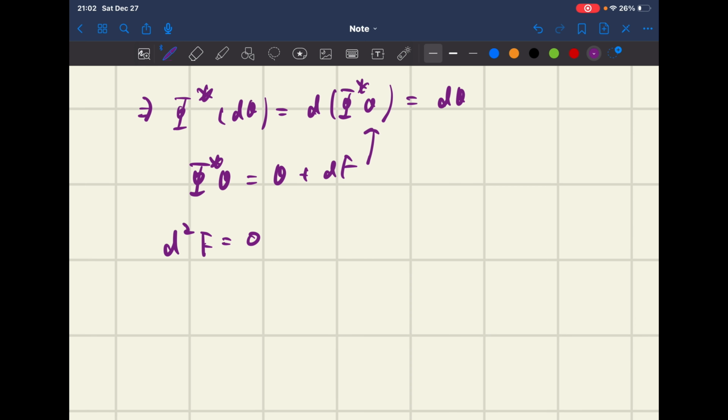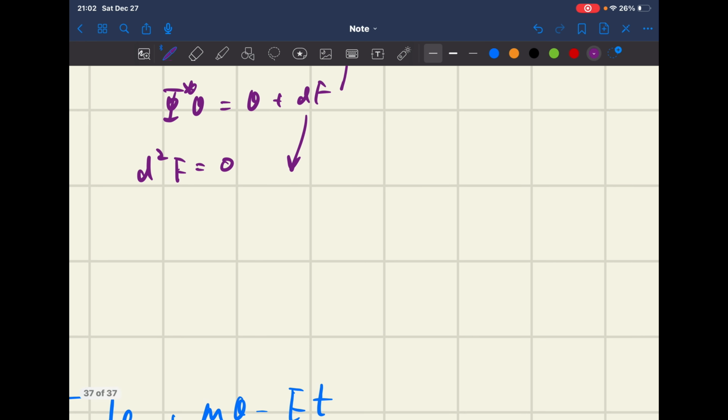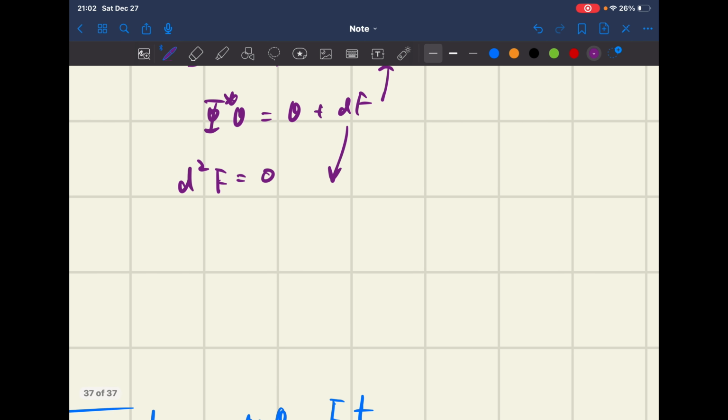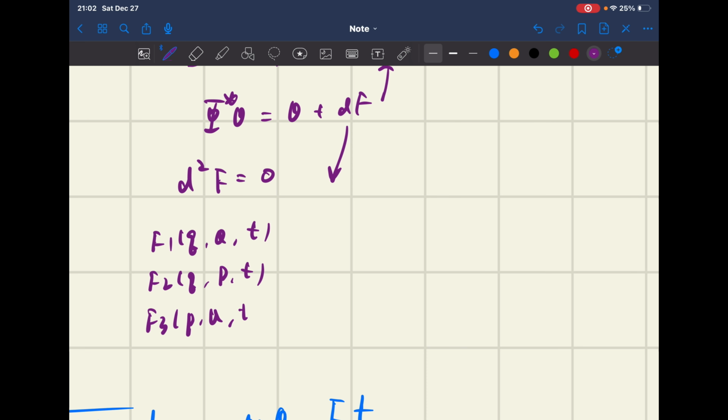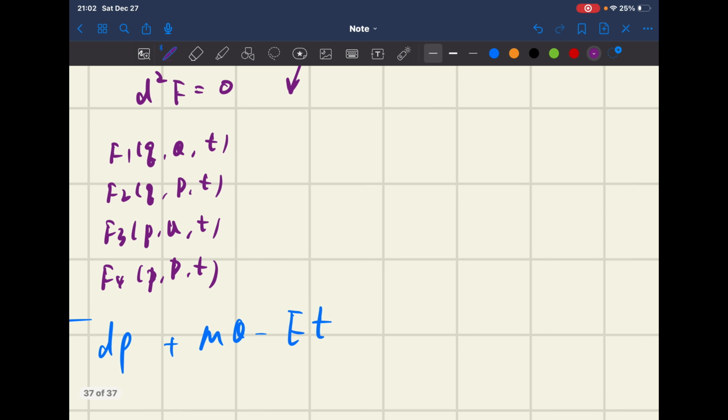So this df is something that could induce a type of successful canonical transformation, and there are 4 types of f. This is f1. There's f2, type 3. The first one, this is small p, by the way. Type 4.